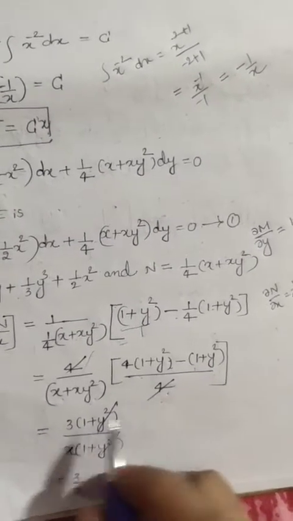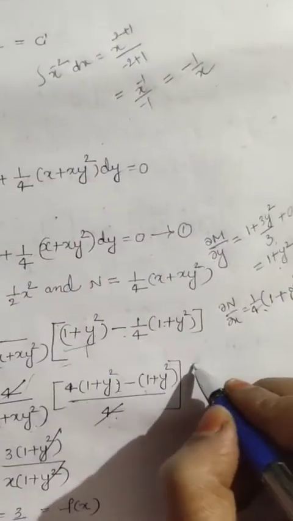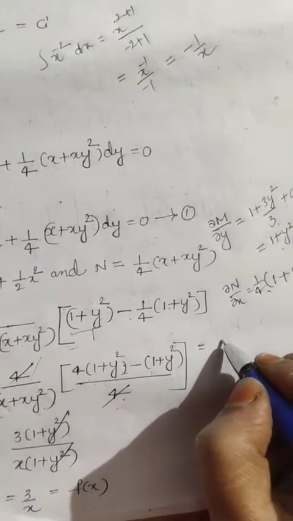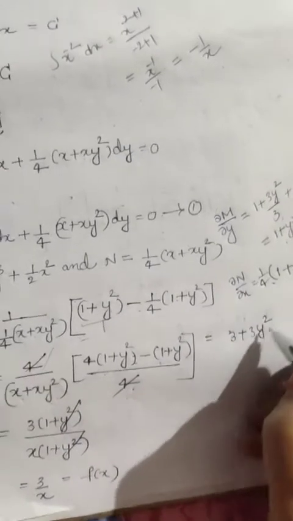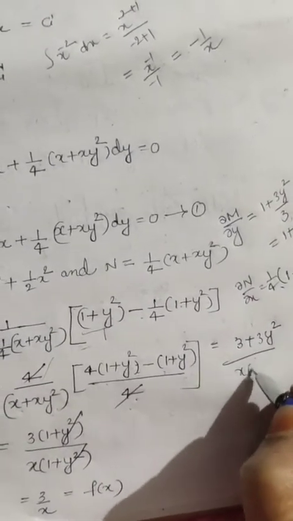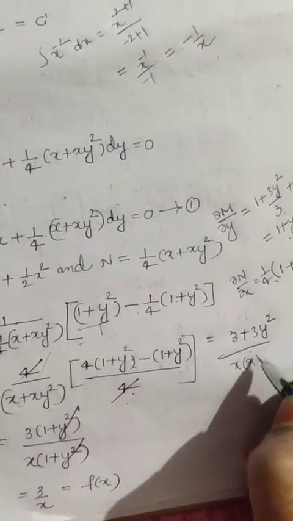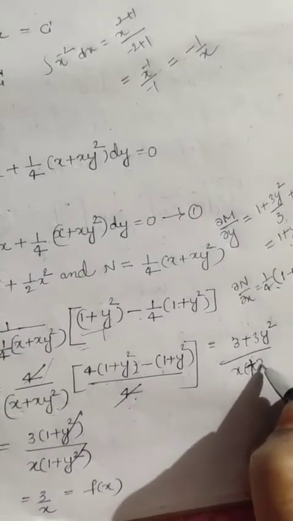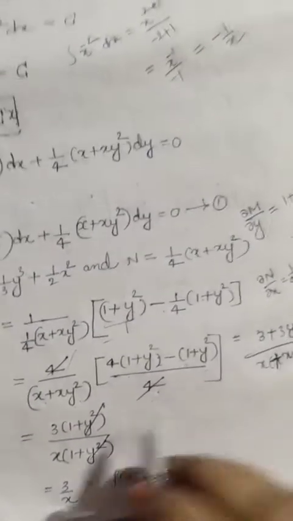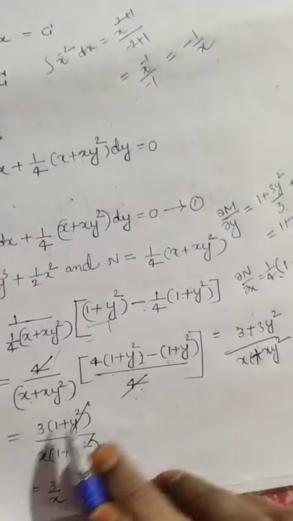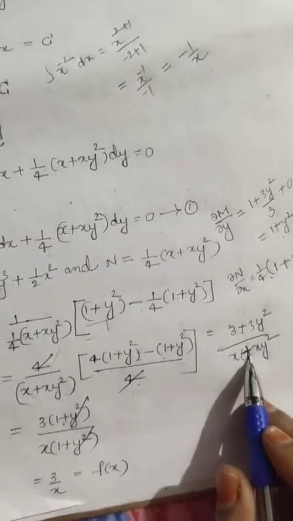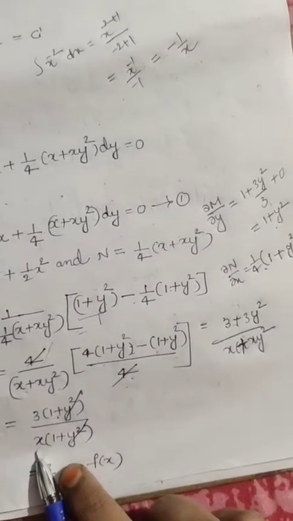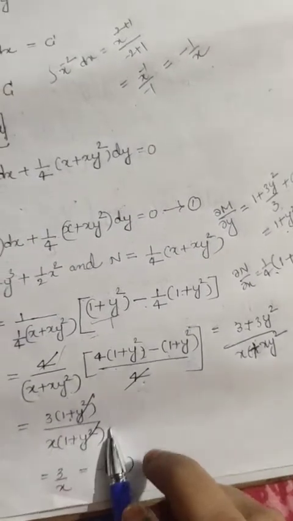plus 3y square. So here 3 plus 3y square by x plus xy square. Taking 3 as common, 3 into 1 plus y square, and in the denominator taking x as common, x into 1 plus y square.